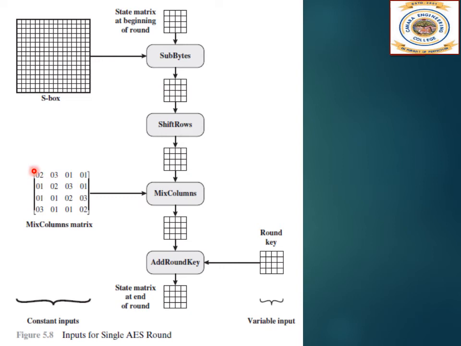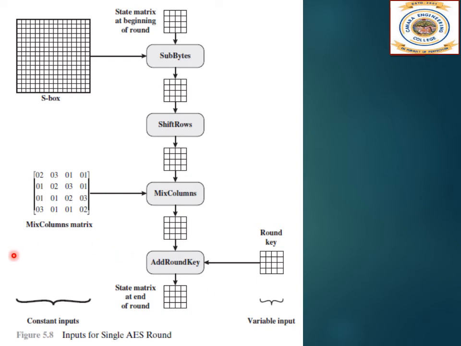For the mix column, this is a standard mix column matrix which we multiply with the state matrix over here. Then the output is obtained. This is a state matrix, then we give it to the add round key. So see here, this is a round key. Only in this particular stage the round key is used, and we get the state matrix at the end of every round.